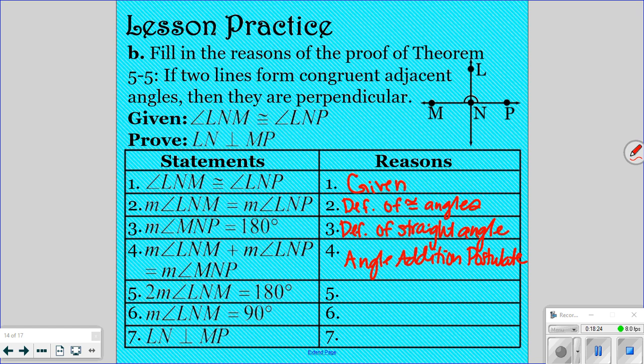And then from there, we know that angle LM is the same thing as angle LP. So instead of angle LP, we can put angle LM again. And so we would have two of them. And that's from substitution property of equality.